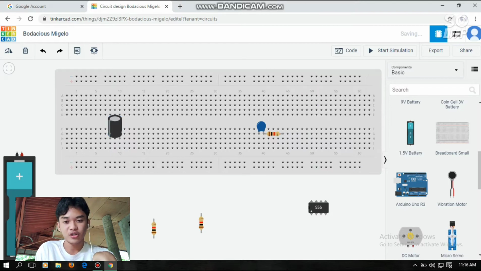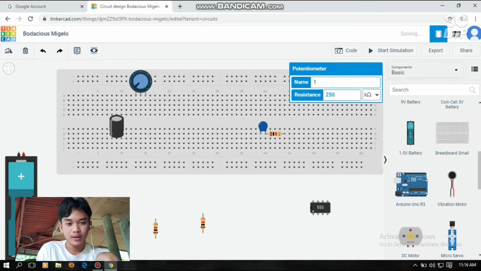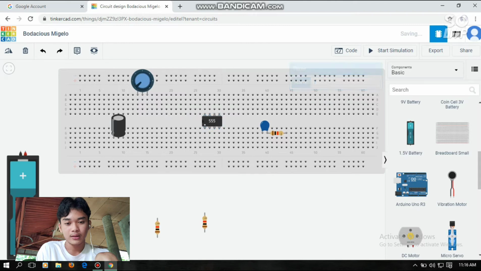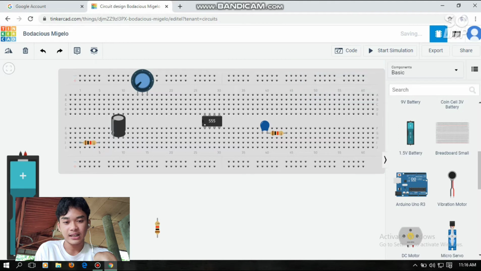Next is potentiometer. The IC555 timer. And then next is the 2 resistors and a LED light.